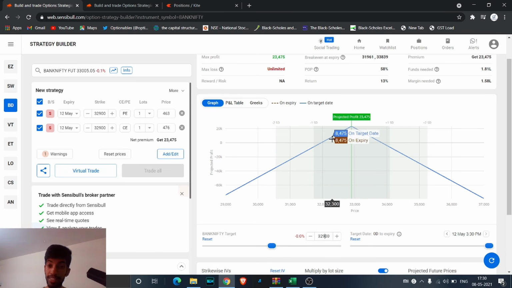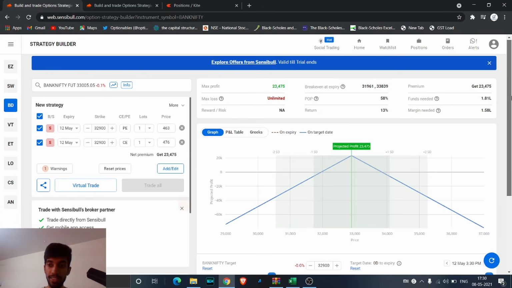If there's a big down move towards 30,000, I am going to lose money. So only if it is within a small range, and that is what we can see here. As long as it's between 31,961 and 33,839, I am going to make profit. This is almost around a 900 to 1000 point range. So as long as the market is within this range, I am going to make profit.